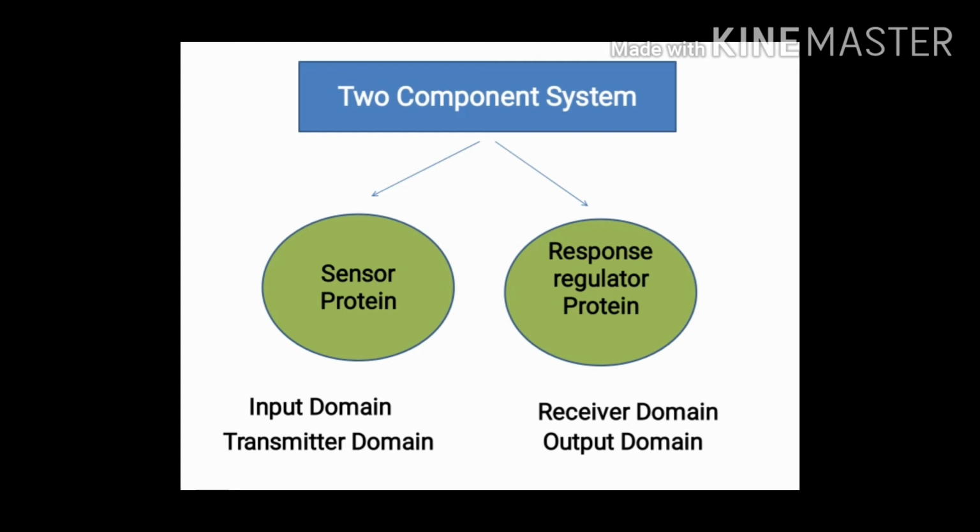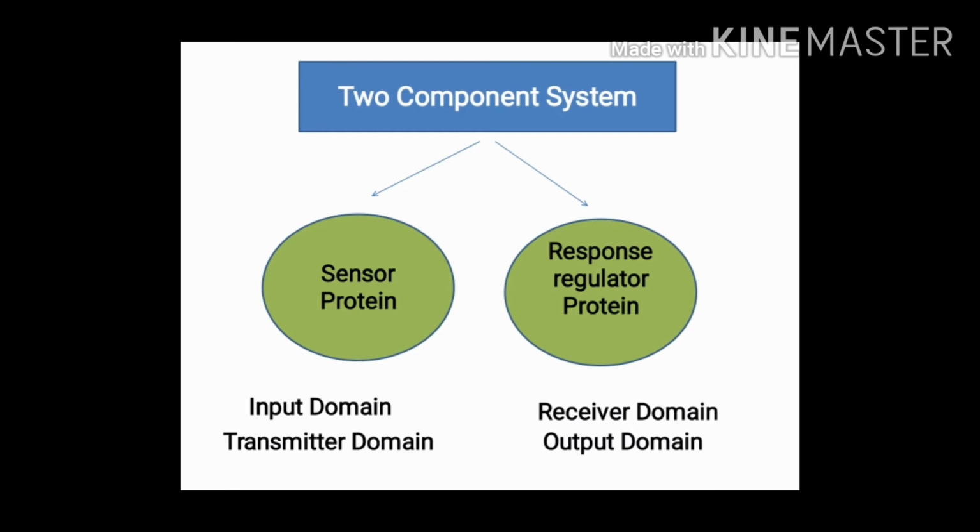Transmitter domain transmits this signal to the second component of two-component system, which is response regulator protein. Receiver domain of this response regulator receives the signal from the transmitter domain of the sensor protein, while output domain of the response regulator brings about the response by binding with DNA and thus affecting the gene expression.